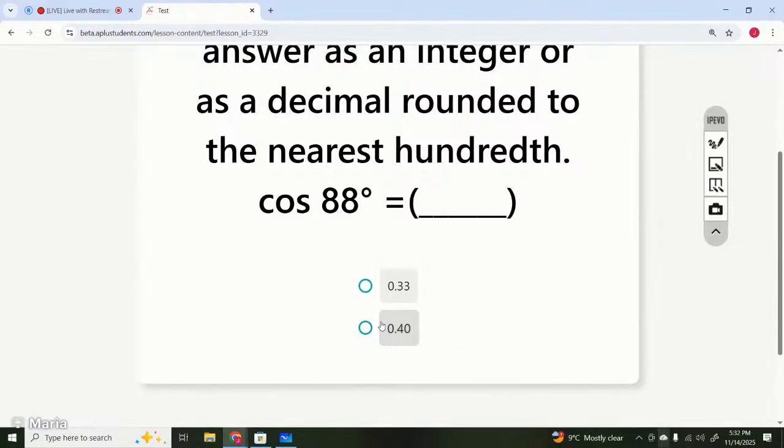Okay, the next one is cos 88. Cos 88 is equal to 0.033. Option number 1 is the correct option, that is 0.03.